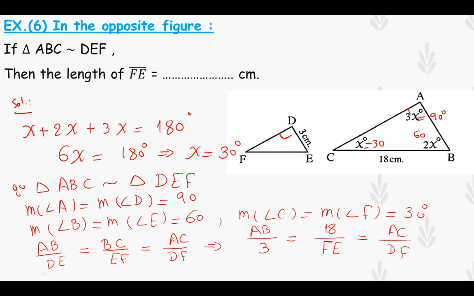Here we don't have a complete ratio. So we need to think about how to find a complete ratio.